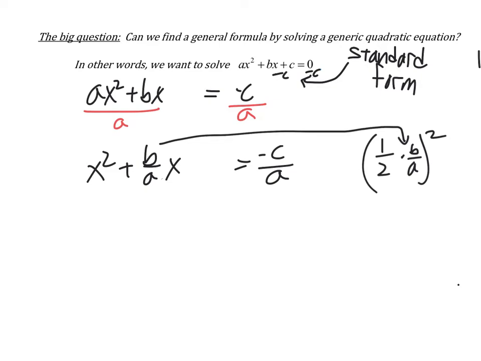Hopefully you've been working on completing the square. To figure out what we need to add, it's half of the coefficient in front of the x. And so we've got b over a, so this equals b over 2a squared.